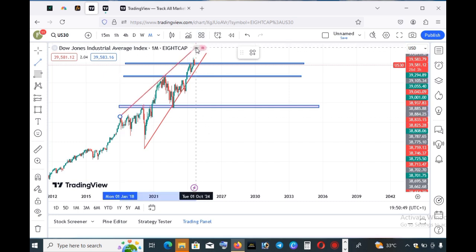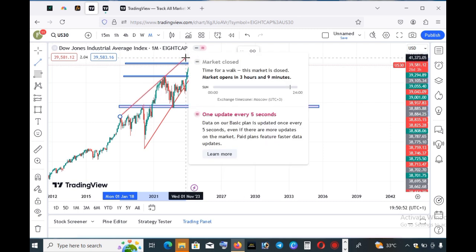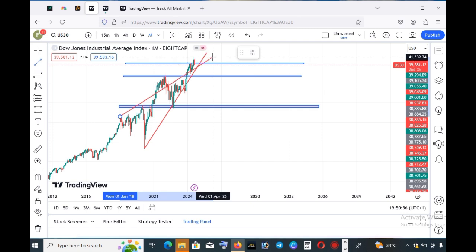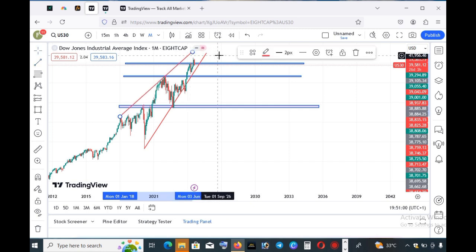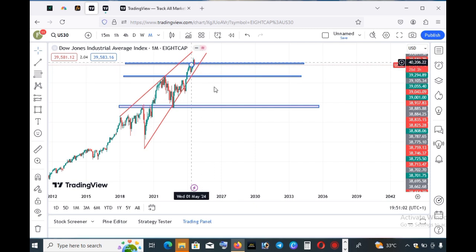This is another trend line. Yeah, so this is just it.